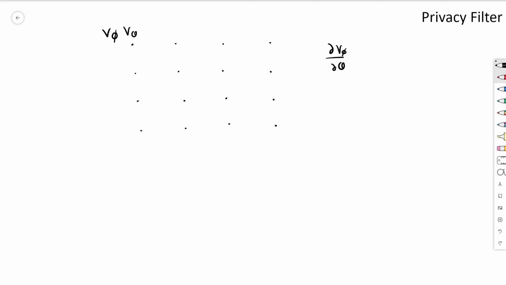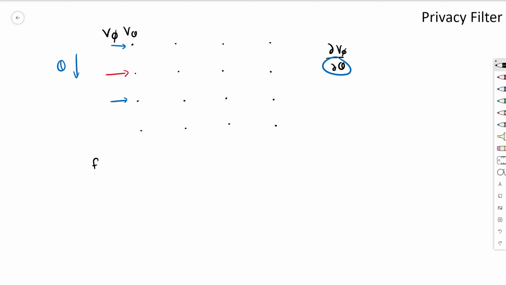So let's take this point as an example, and we want to solve dv phi d theta at that point. What we will do is look at its neighboring points for this comparison. This is the theta direction. We're dealing with d theta, so we're going to look at the other points in the theta direction exclusively, and we want to know how it changes with respect to space.